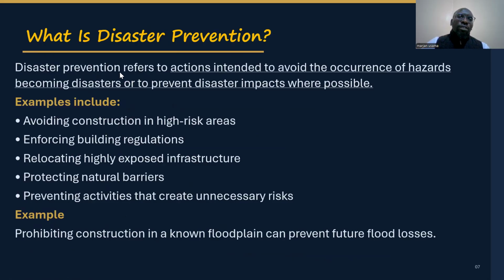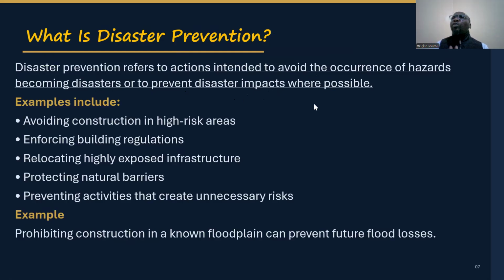Disaster prevention refers to what? Actions intended to avoid. I need you to underline this word. To avoid the occurrence of hazards becoming disaster, or to prevent disaster impacts where possible.